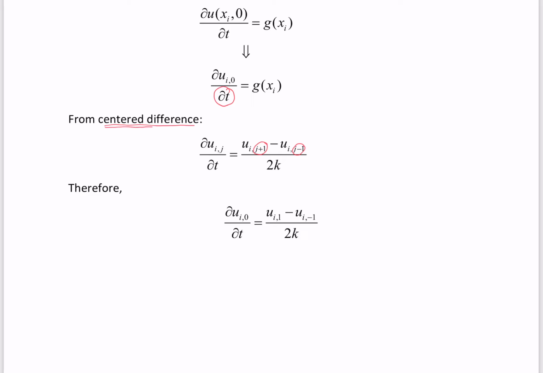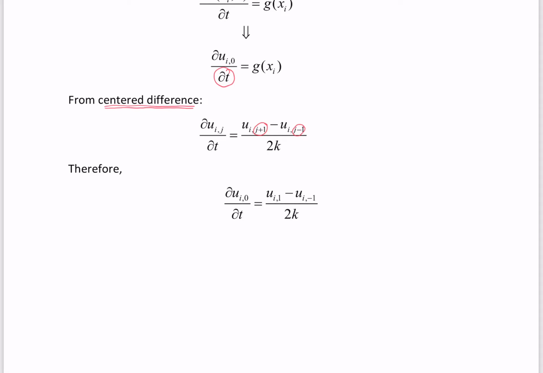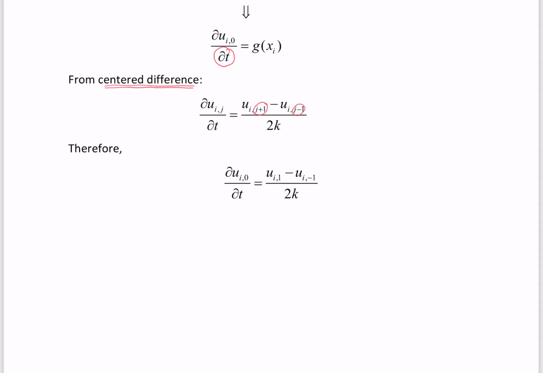Okay, so you must be careful when you choose your formula. And because we know our j is 0, you will get u i 1 minus u i minus 1 divided by 2k, because our derivative is with respect to t, so that's why we use 2k. k here stands for time differencing.